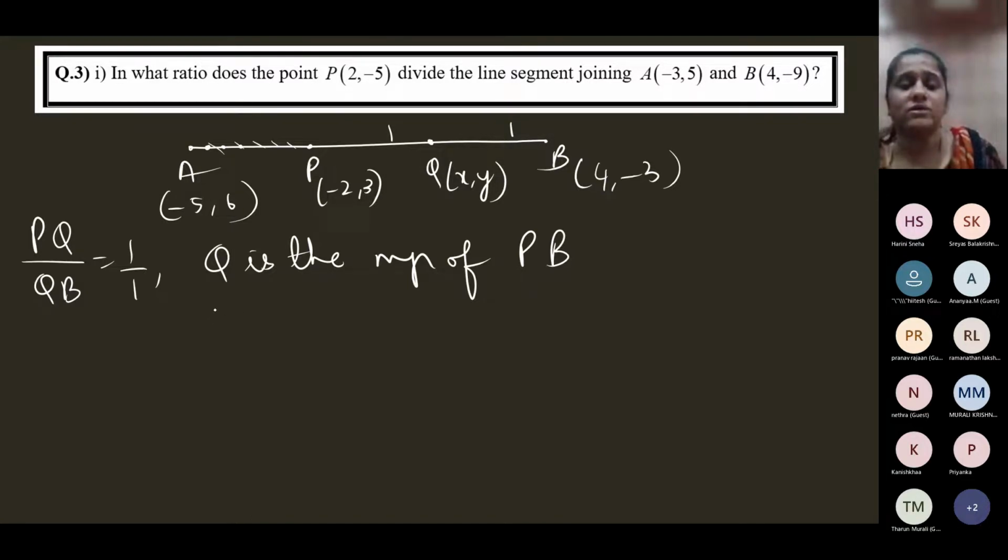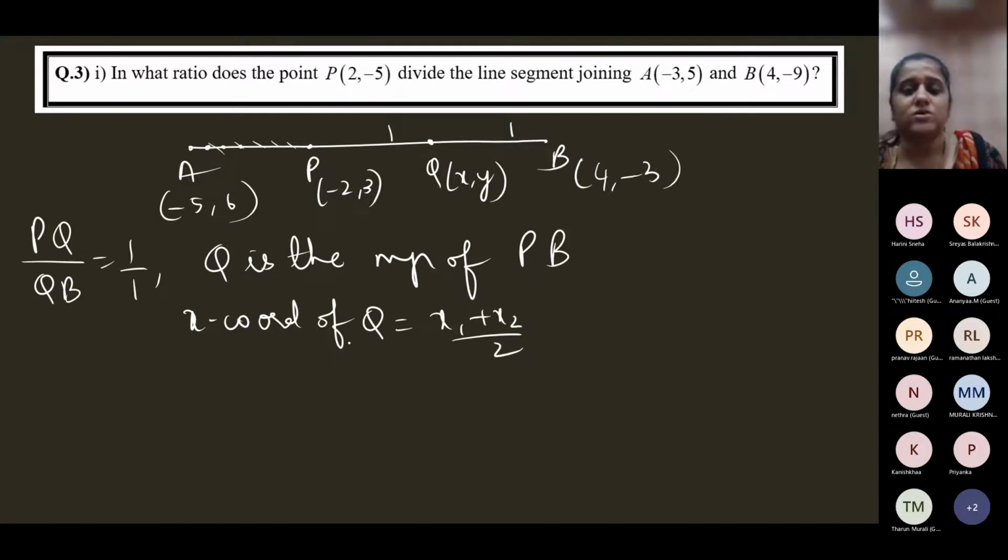The midpoint is Q. So the X coordinate of Q is (x1 + x2)/2. See, this is x1, y1. This is x2, y2. So (-2 + 4)/2. x is equal to 2/2, which is 1.